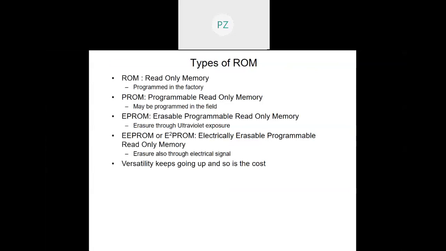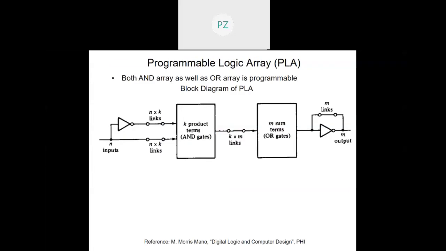So let us have the AND array also programmable. That is why I'm saying with n inputs, there are only k product terms, not necessarily all the 2 to the power n product terms. You know what I mean? Had it been a decoder, it would have 2 to the power n AND gates, but I'm not putting those many AND gates.